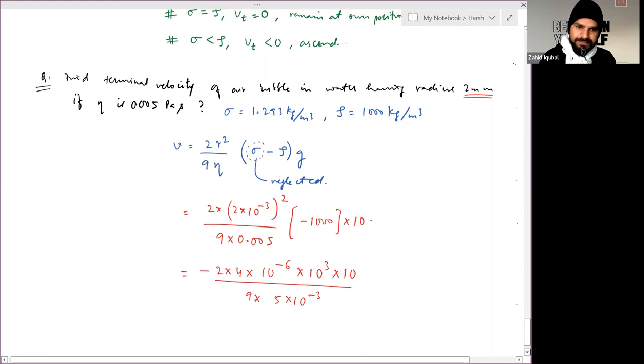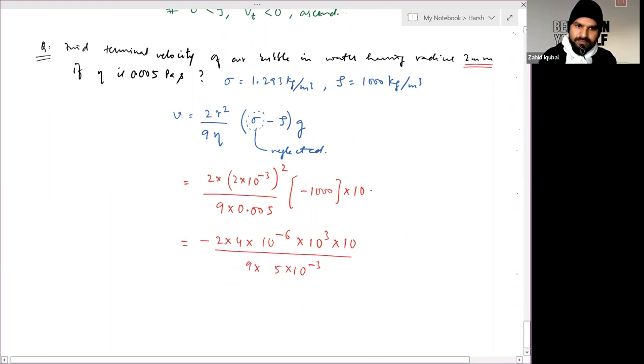Now, further, just multiply the numerator part, 2 into 4, 8, into 10, that is 80. 10 to the power minus 6, 10 to the power plus 3, and this 10 to the power minus 3 on moving to the numerator will become 10 to the power plus 3. 9 into 5, 45.